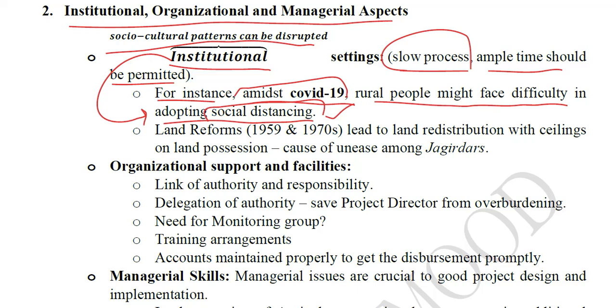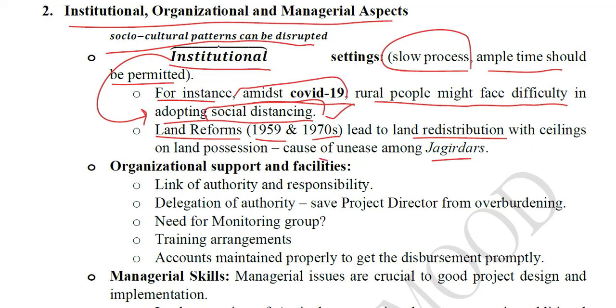And from the past, we can take an example of the land reforms in Pakistan in 1959 and the 70s. Definitely this was about land distribution. It was being taken from jagirdars or landowners, and definitely it was difficult for them to accept it.